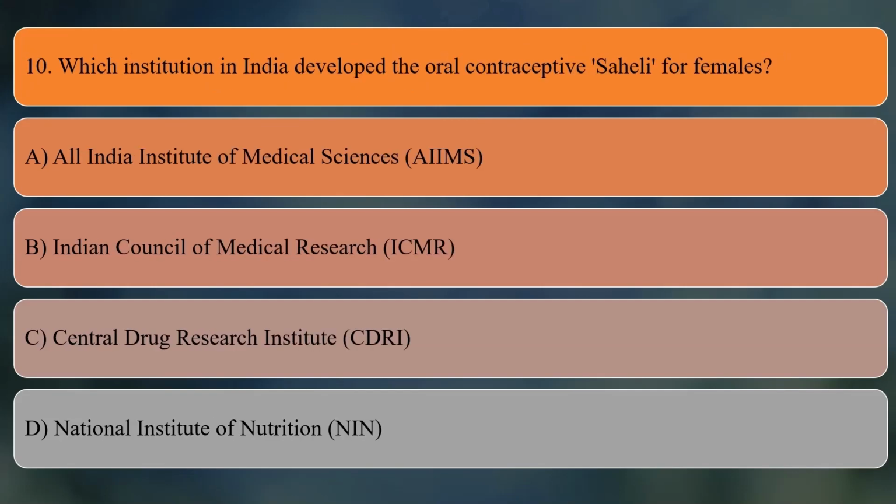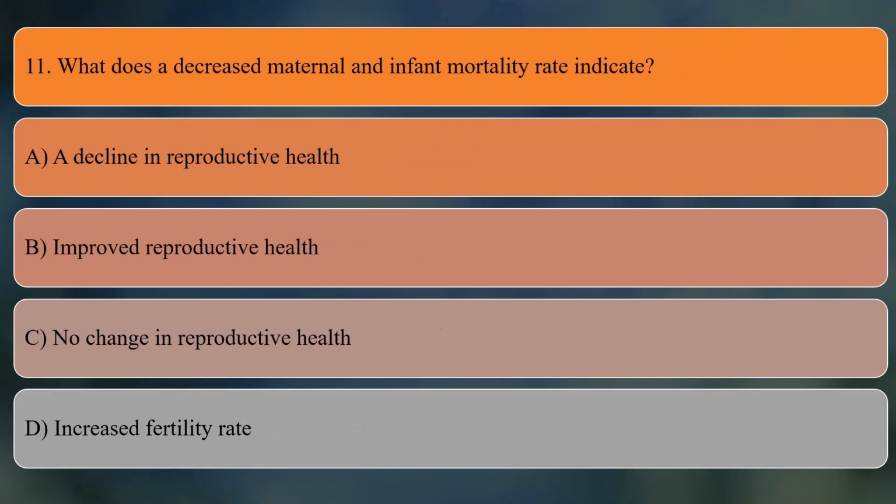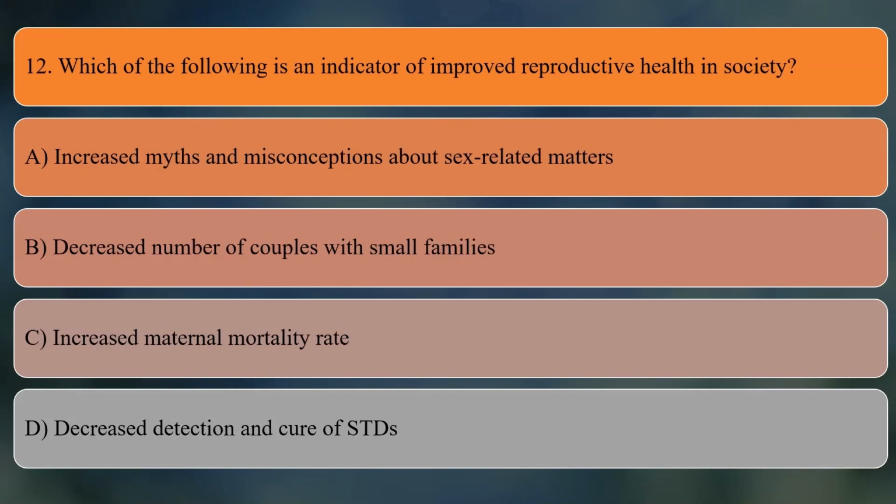Which institution in India developed the oral contraceptive Saheli for females? What does a decreased maternal and infant mortality rate indicate? Which of the following is an indicator of improved reproductive health in society?